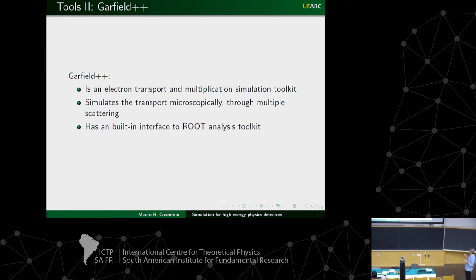It's basically aimed to simulate what happens once you have the electron in the detector. It doesn't care about how the electron got there in the first place, but once it is there, it does the remaining part very well. It also has a built-in interface to the ROOT analysis toolkit, so it's very easy to analyze what you have later on.